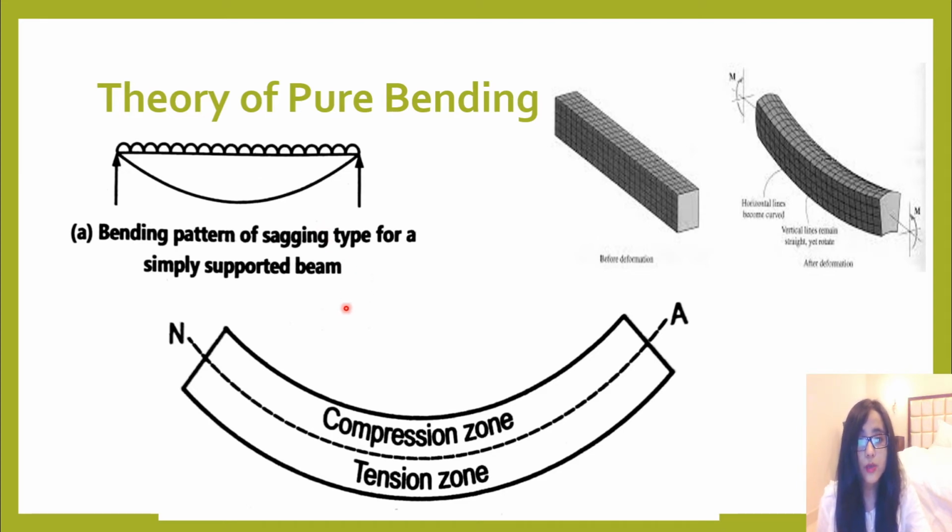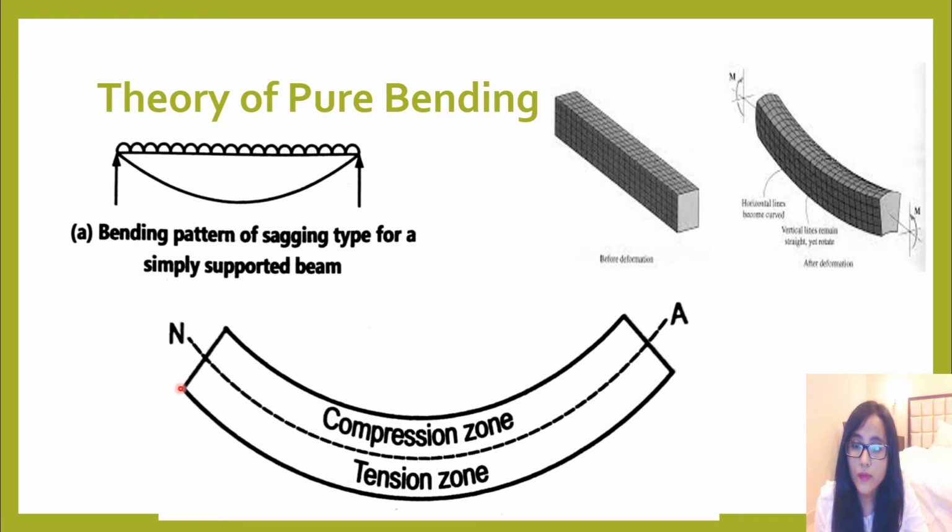The fibers in the lower part of the beam undergo elongation, while those in the upper part are shortened. This diagram shows a simply supported beam undergoing the action of a bending moment. So when the bending moment acts and the beam bends, the lower fiber, as you can see here, is the lower fiber.